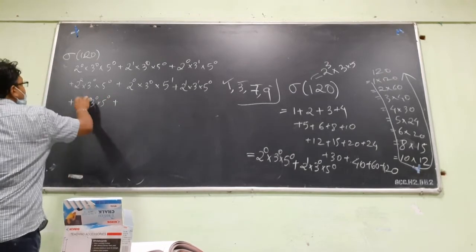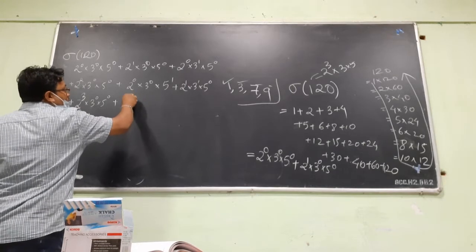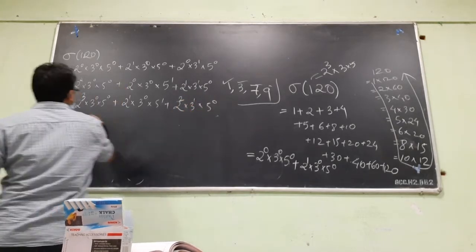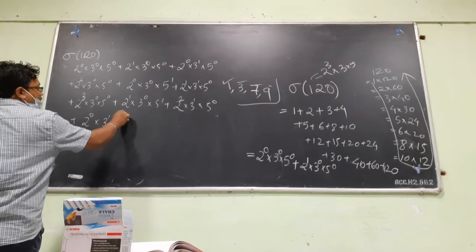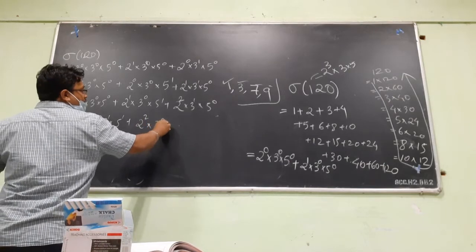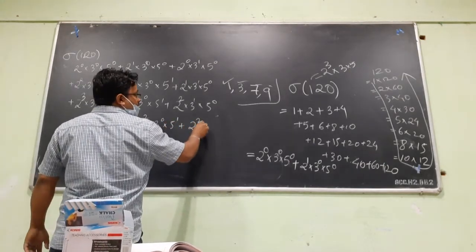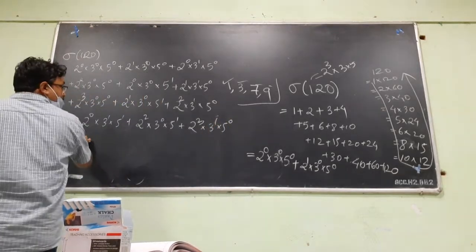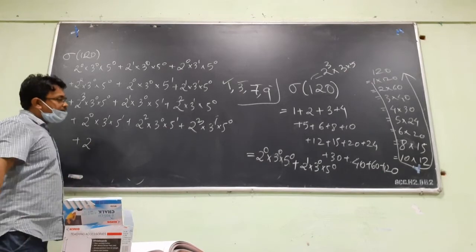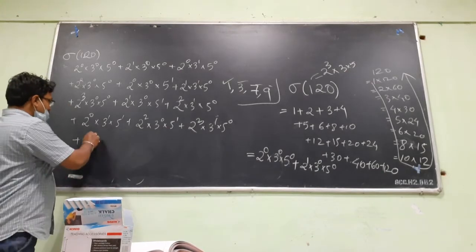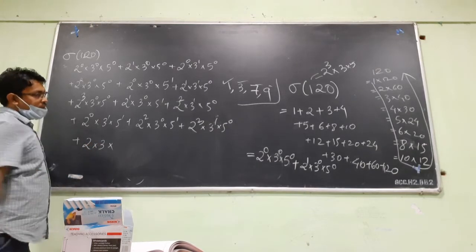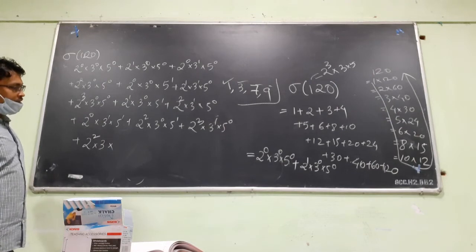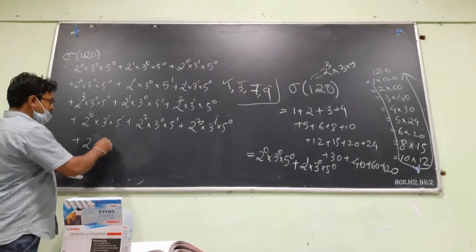Then 2 cube, plus this is 2 into 2 to the power 1, 3 to the power 0, 5 to the power 1, plus 2 to the power 1 into 5 to the power 0, plus 2 to the power 0, 3 to the power 1, 5 to the power 1, plus 2 square into 3 to the power 0 into 5 to the power 1, plus 2 cube into 3 to the power 1 into 5 to the power 0, plus that can be written as 2 into 3 to the power 1 into 2 square into 2 to the power 1. 30 is 2 into 3 to the power 1 into 5 to the power 1.